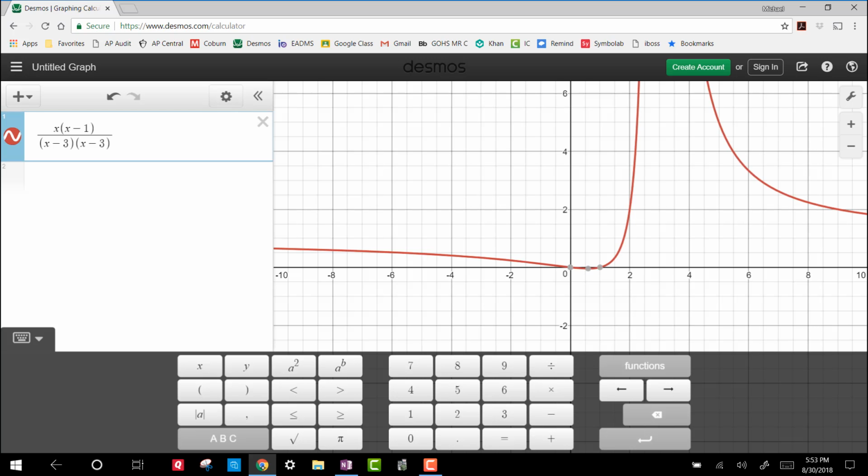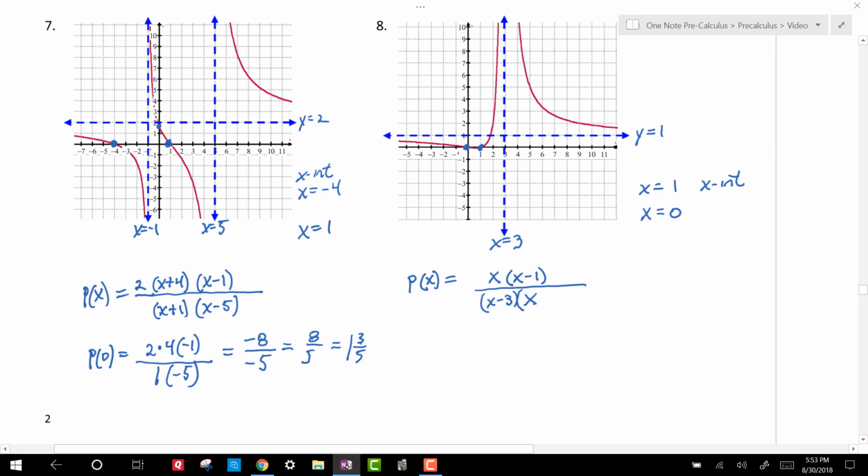Check it out. I still only have one vertical asymptote. The degree of my numerator and denominator are exactly the same. And I have x-intercepts where it appears I have x-intercepts on my graph. So I need another x minus 3 in the denominator. I could also write that as x times x minus 1 over x minus 3 raised to the second power.